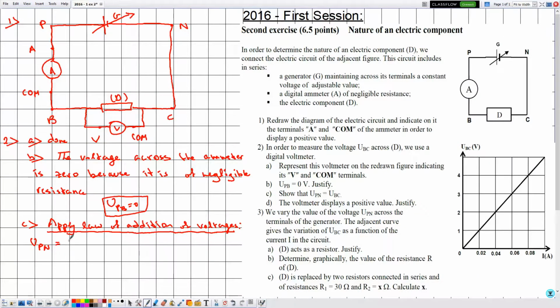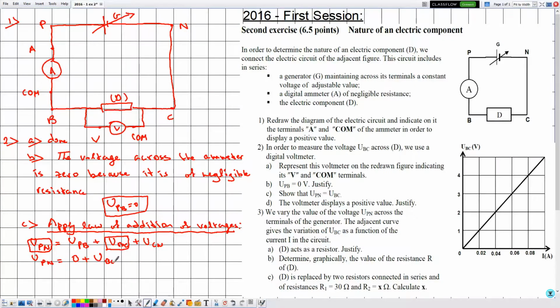Then from P we will go to the point B, from B we will go to the point C, and from C we'll go to the point N, making sure that UPN and UBC must appear in the equation. Then we will keep UPN as a variable. UPB is equal to 0, justified.